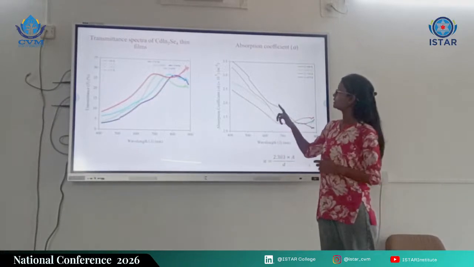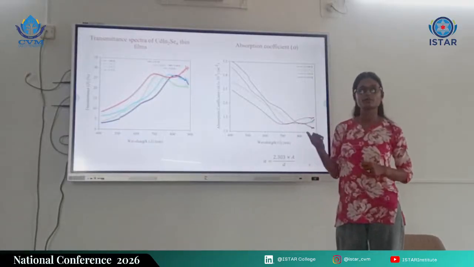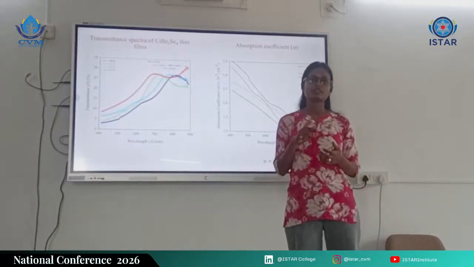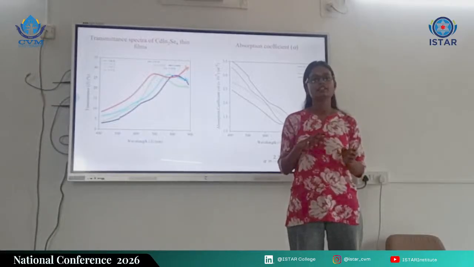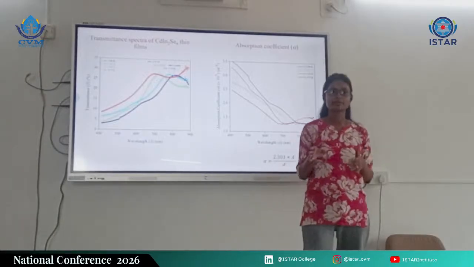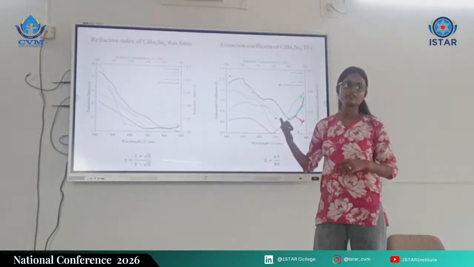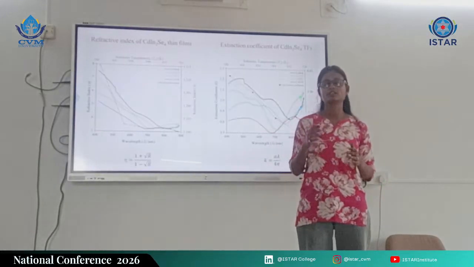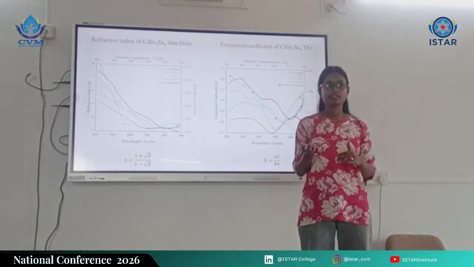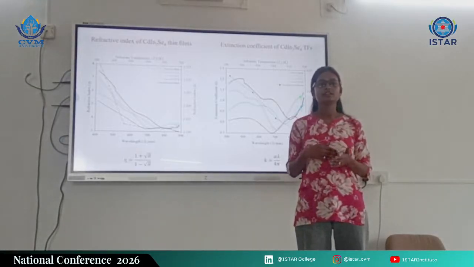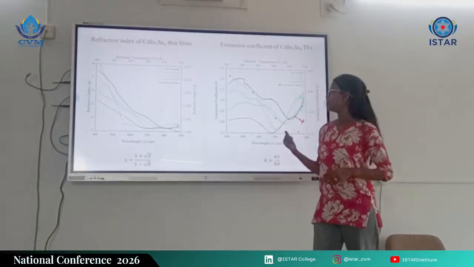And from the transmittance spectra, we calculated the absorption coefficient, which was 10⁷ per meter, and it supports the direct band gap nature of the semiconductor. Refractive index decreases as wavelength increases, which shows normal dispersion behavior.